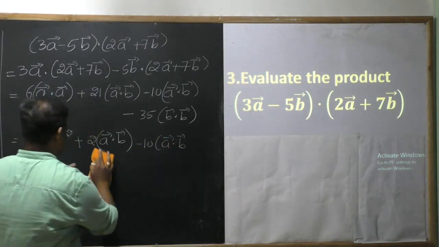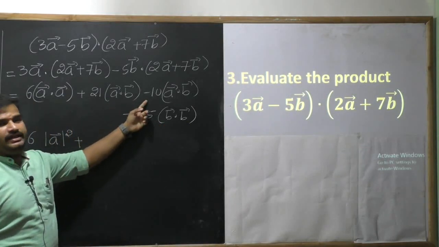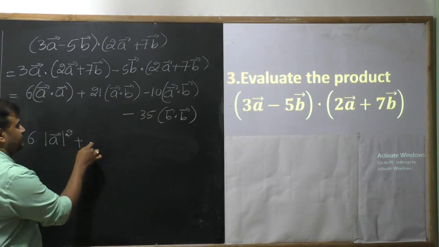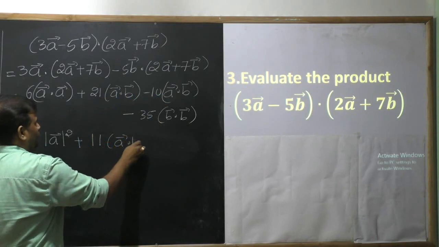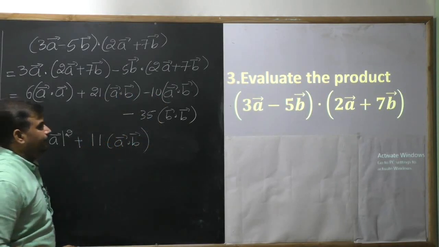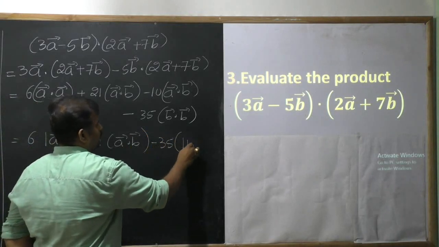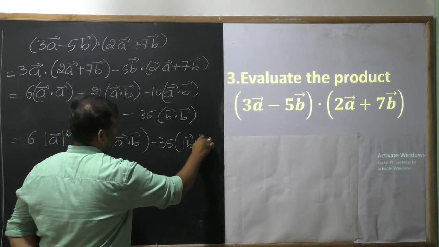This can be written as 11 into vector a dot vector b minus 35 into magnitude of vector b squared.